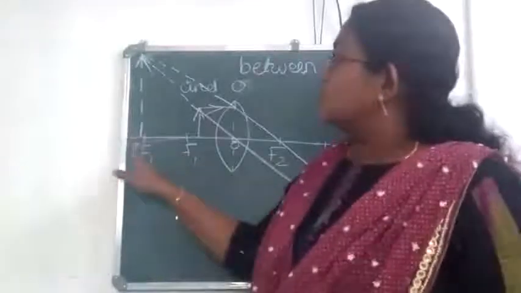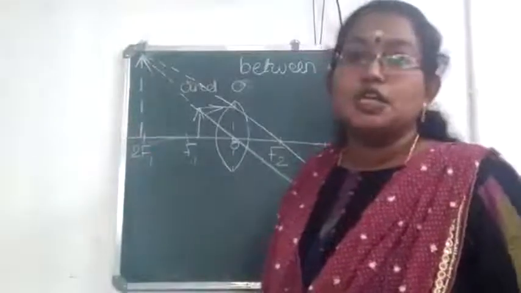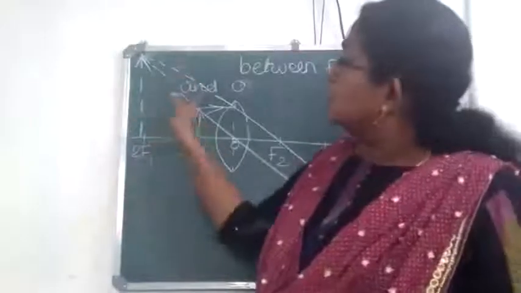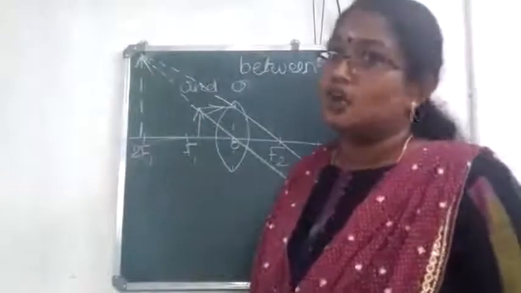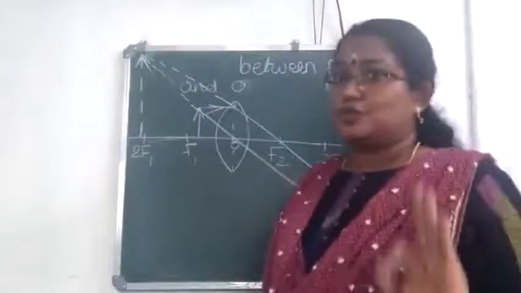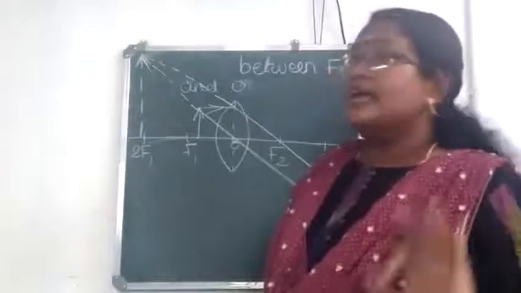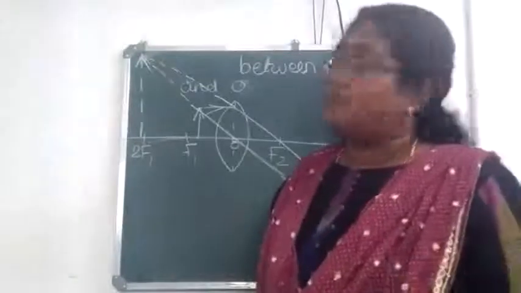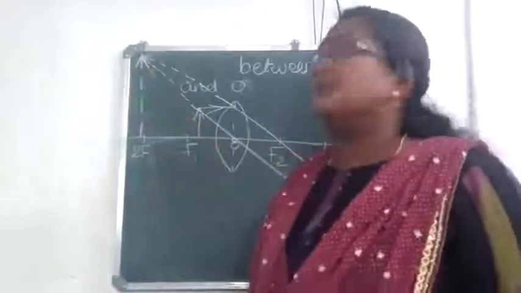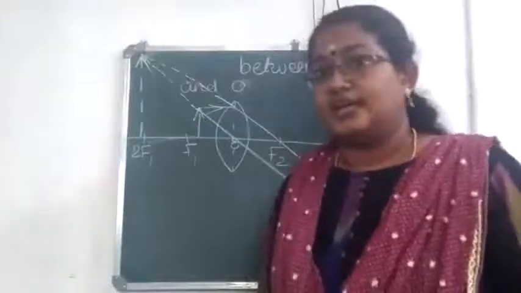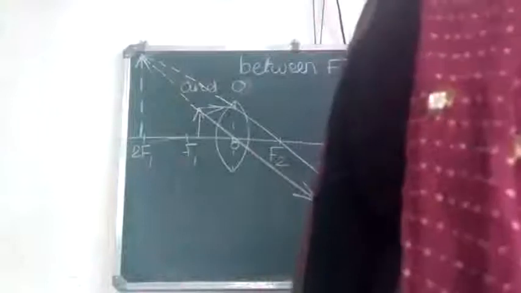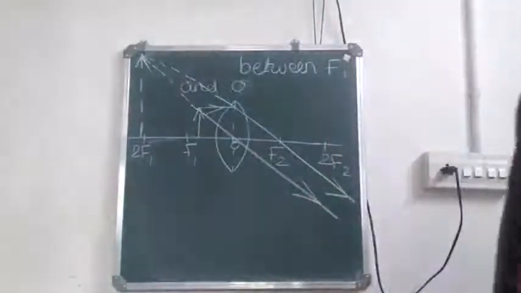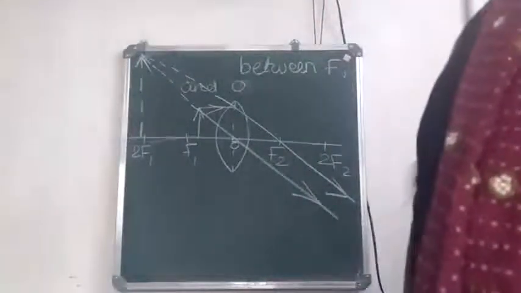Since it is a virtual image, I have shown it using dotted lines. So these two things should be shown using dotted lines. That is the first thing what you have to remember. Then virtual means it will be always erect. That is why I have given the arrow mark in the upward direction. Okay. So is it clear? What all things we have to remember here?